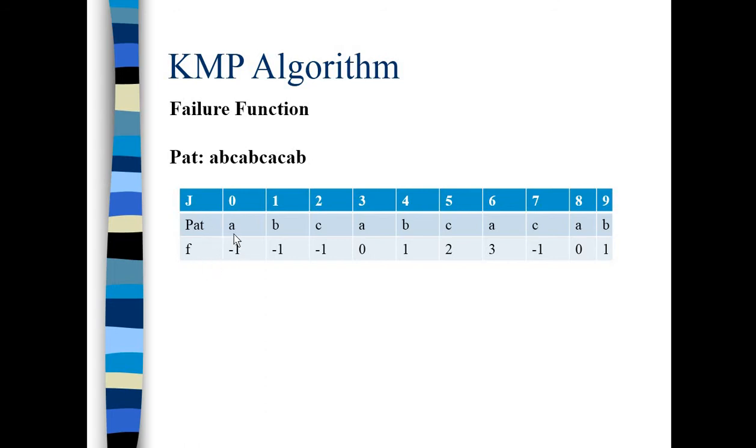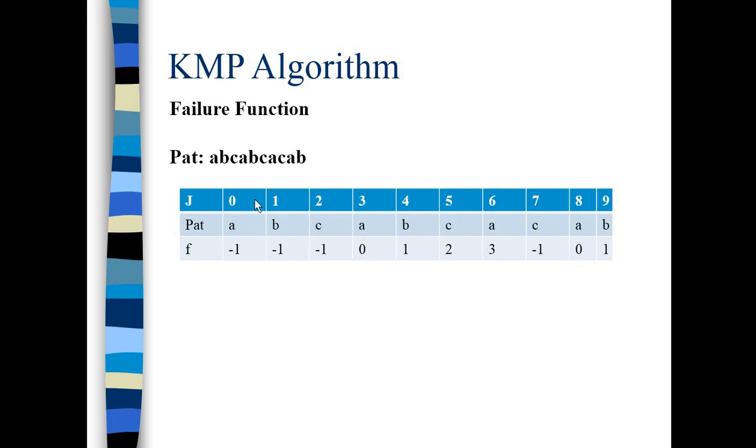For the first character we write the failure value as -1, then A and B compare, there is a mismatch, so -1 we write, then A and C compare. Mismatch, so -1 we write. When A and A compare, the third character is matched with the 0th character, so 0 we have to write.